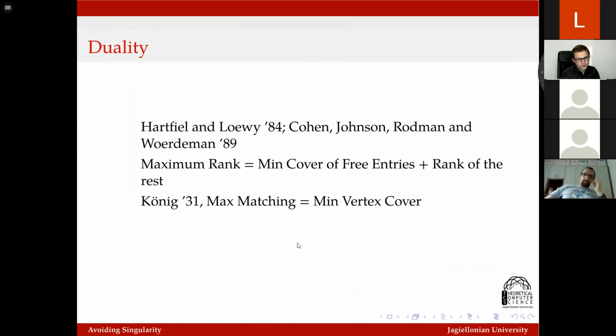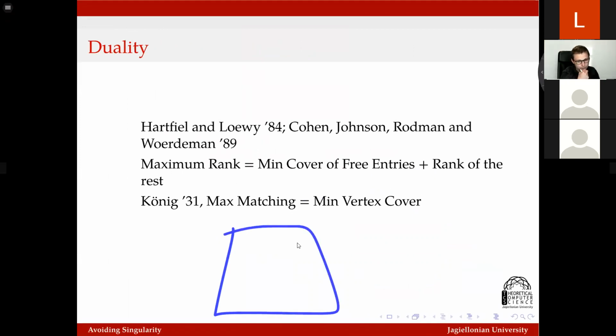And it strongly resembles the maximum matching equals minimum vertex cover in bipartite graphs, and it's really so. So if we have a bipartite graph and we represent it by a matrix in which for each x and y, so this is a vertex in one of the bipartite sets and this is in the other, if they are connected by an edge, we put a free variable there, and if A and B are not connected, we put 0 here.